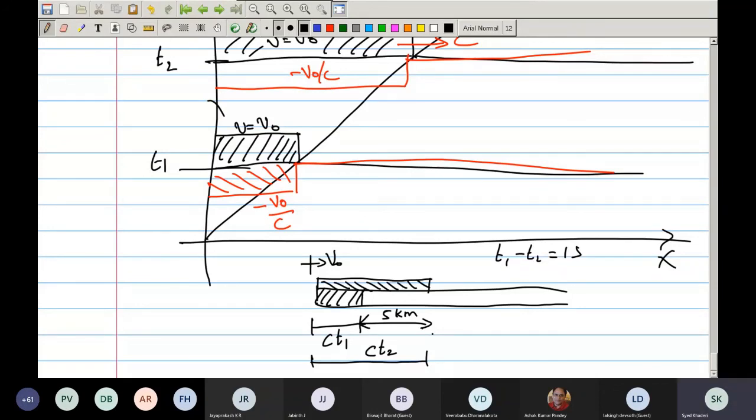If you are talking about, let us say, 1 microsecond, then this distance would be 1 millimeter. These are very fast events happening.